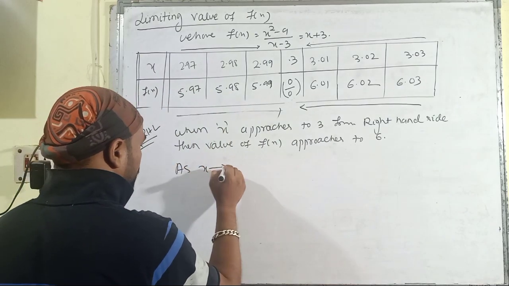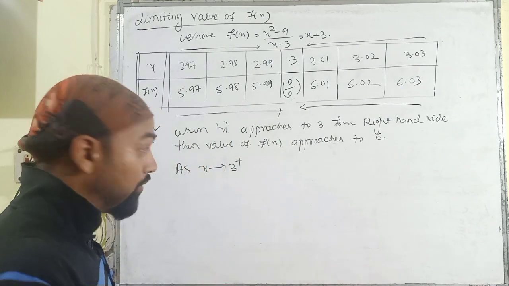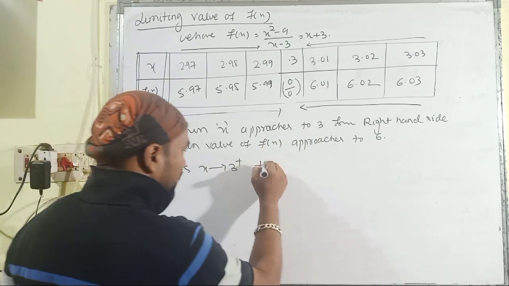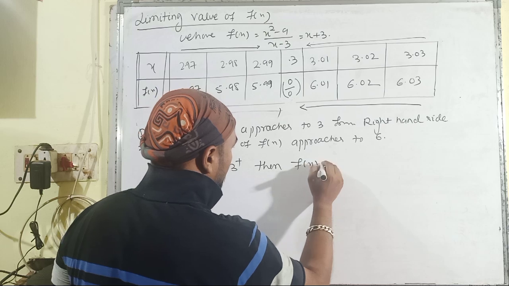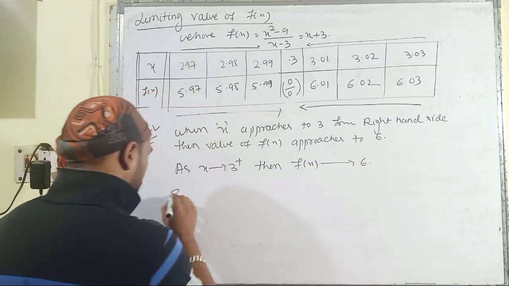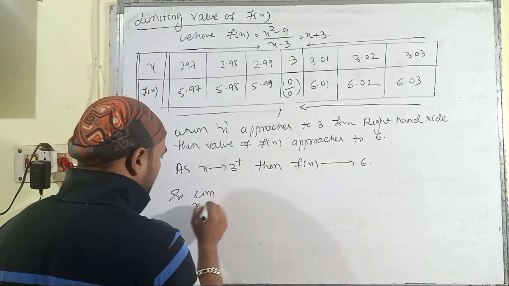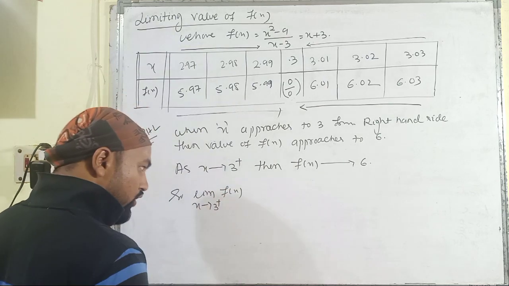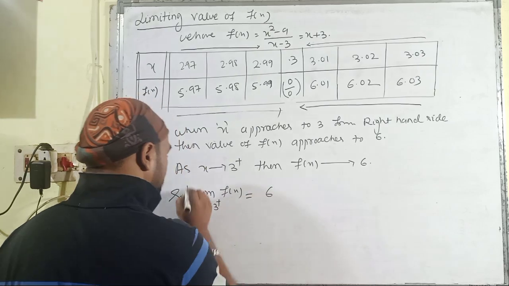As x tends to 3 plus, that means approaching the value 3 from the right hand side, f of x approaches 6. So the limiting value of f of x when x tends to 3 plus is equal to 6.